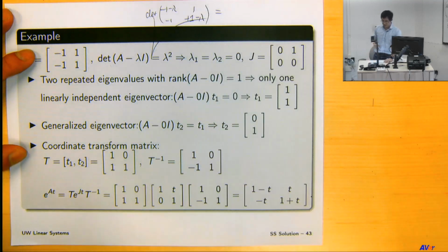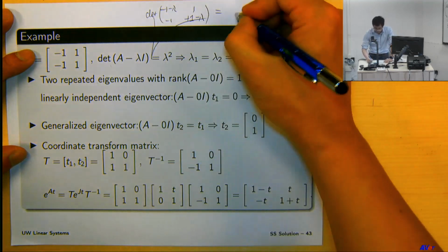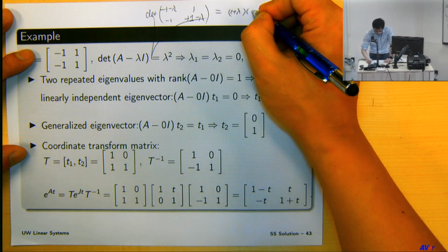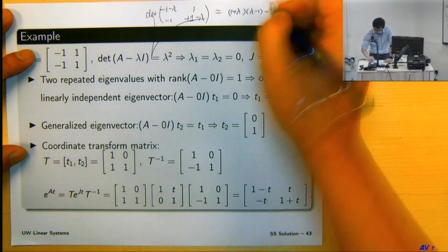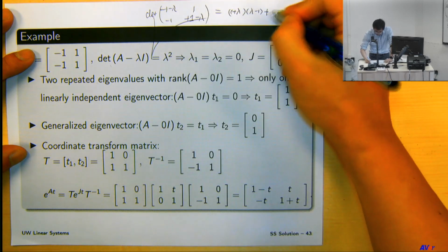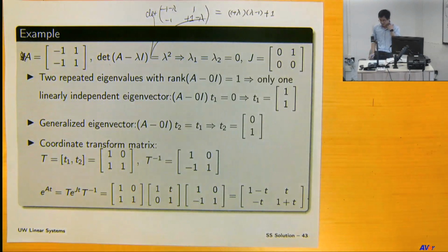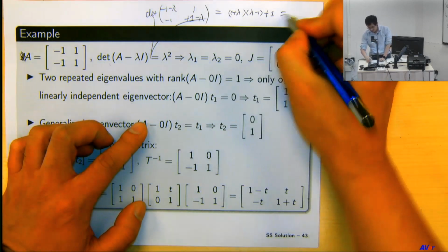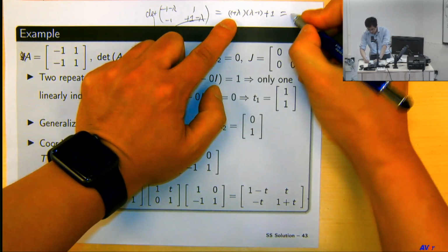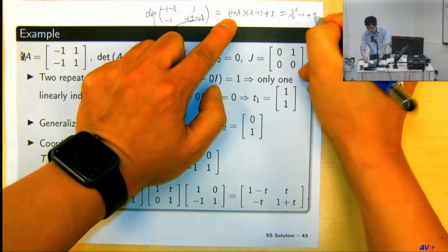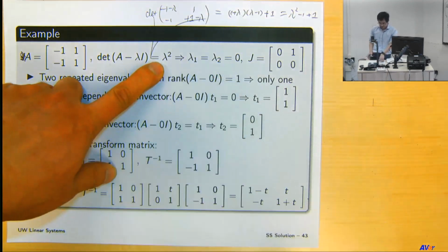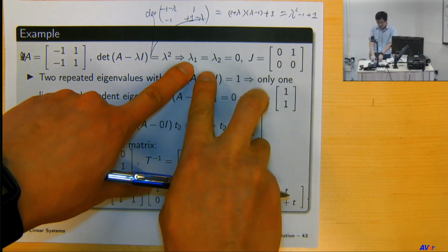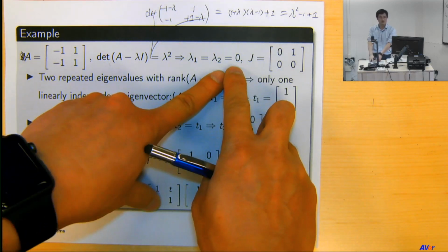So it equals 1 plus lambda times lambda minus 1, plus 1. So what does it equal to from here? It is lambda squared minus 1 plus 1. So it equals lambda squared. So there are only 2 eigenvalues. Both of them are at 0.